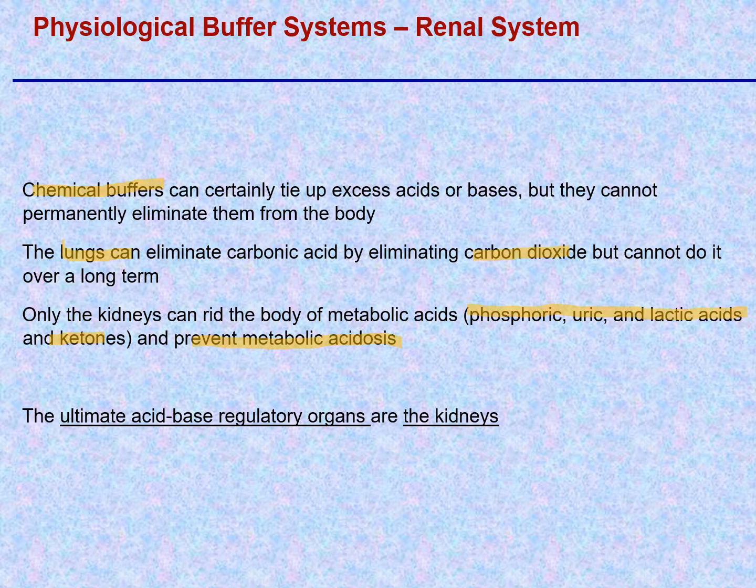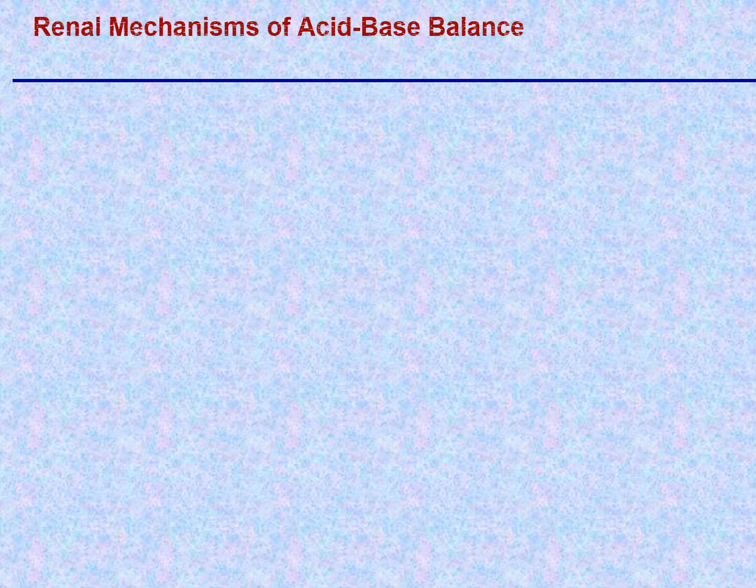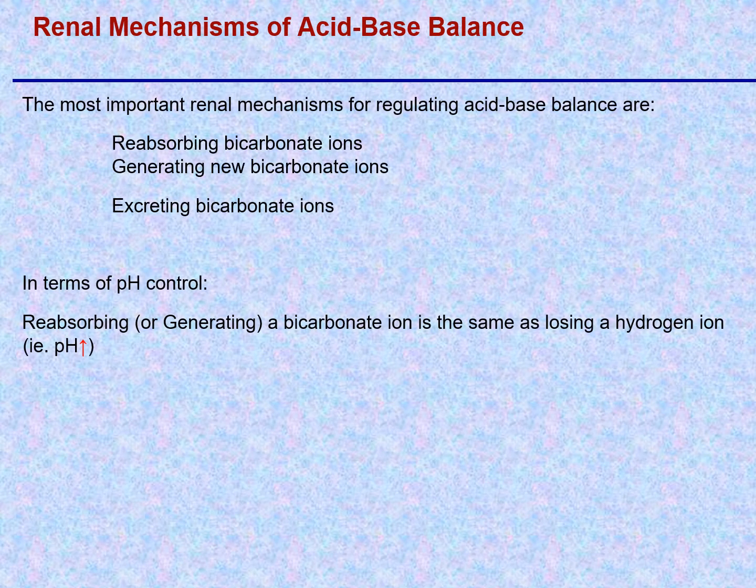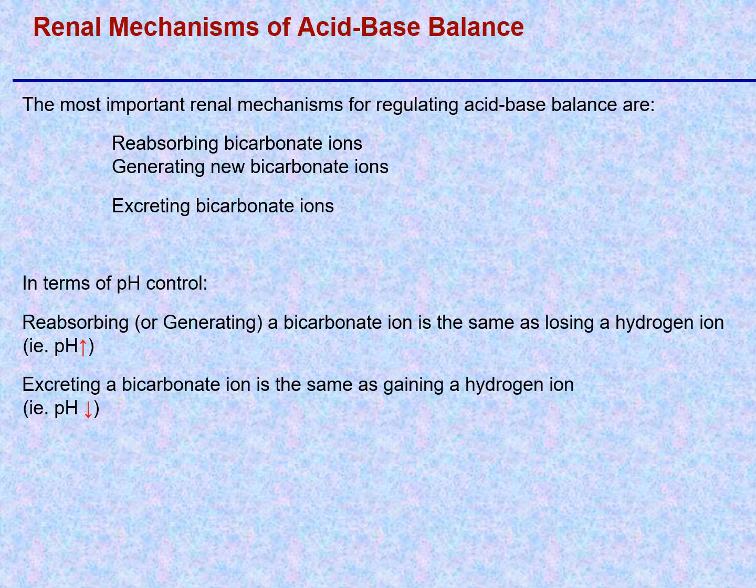So in the end, the ultimate acid-base regulatory organs are your two kidneys. All right, we're going to look at the actual mechanisms of how the kidneys maintain a balanced pH, how they handle acids and bases to maintain the proper pH.